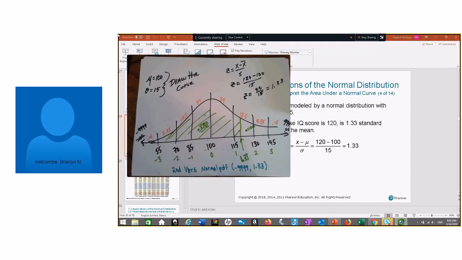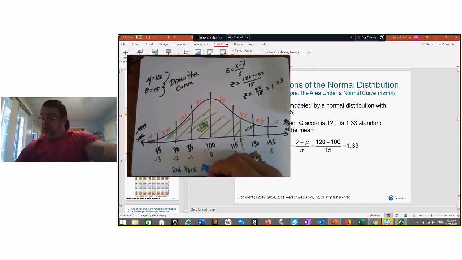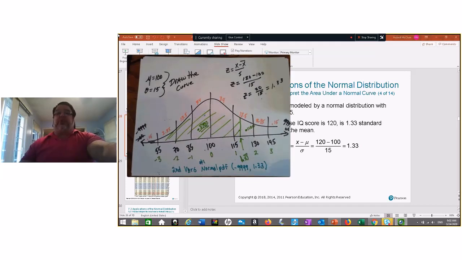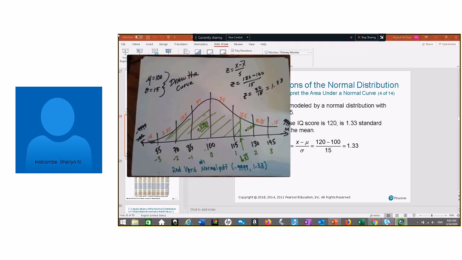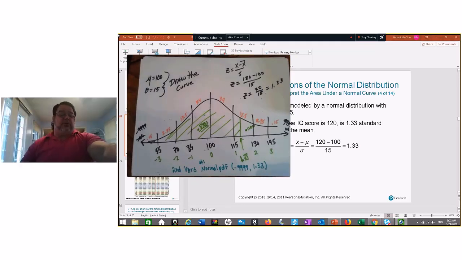I think it's at the very top. 1. Good, number 1. Okay. Now, what does the screen ask? Does it ask you the mean and the standard deviation, or does it just say parentheses? Well, it's not working for me.